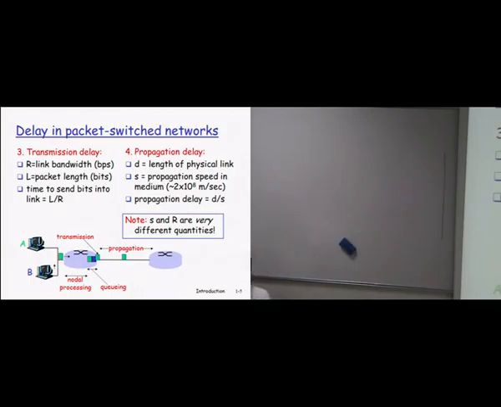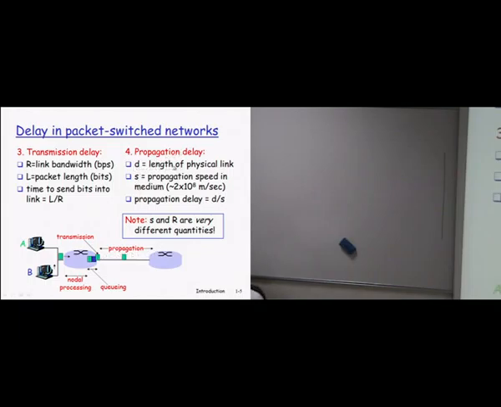Okay, d is equal to the length of the physical link. So definitely if the length of the physical link is very long, should the propagation delay be more in that case? Yes, definitely yes.